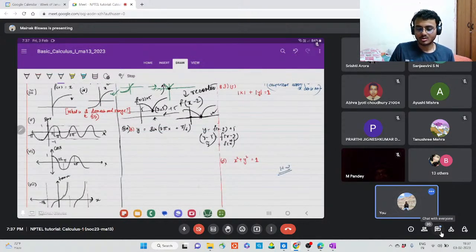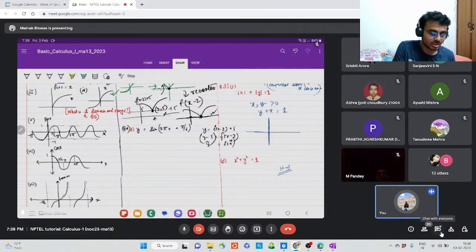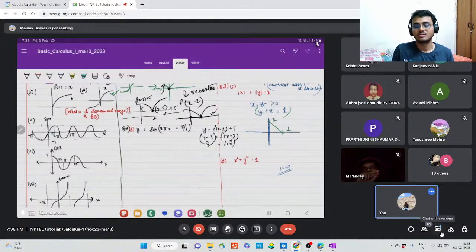Okay. Mod of x plus mod of y is 1. So let's take x comma y greater than 0. In that case, x plus y is equal to 1. Right? Yes. Whenever there is mod, you need to consider only one thing. Listen to this very carefully. It will become a cakewalk. So x plus y equal to 1 is this line, between 1 and 1. I don't need to explain this, this is class 10 mathematics.